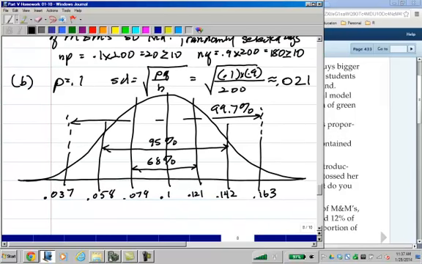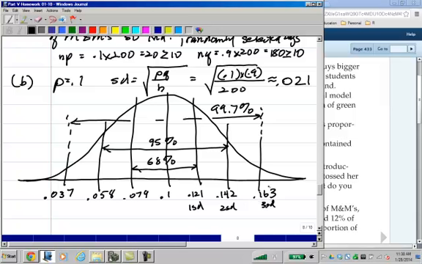So we have a normal distribution for the sampling distribution of the proportion of green M&Ms in samples of 200. So 0.1 is in the middle, and then one standard deviation is 0.1 plus 0.021, which is 0.121, and so on. So here is 1 standard deviation, 2 standard deviations, 3 standard deviations.